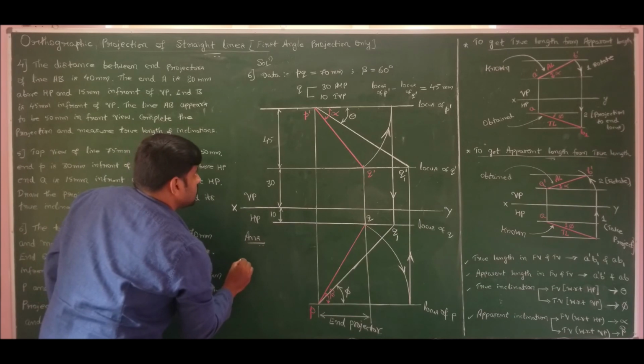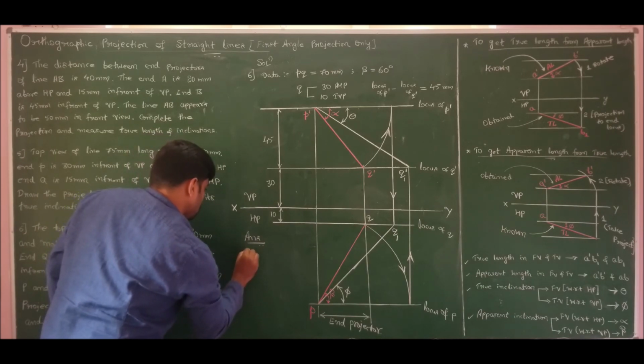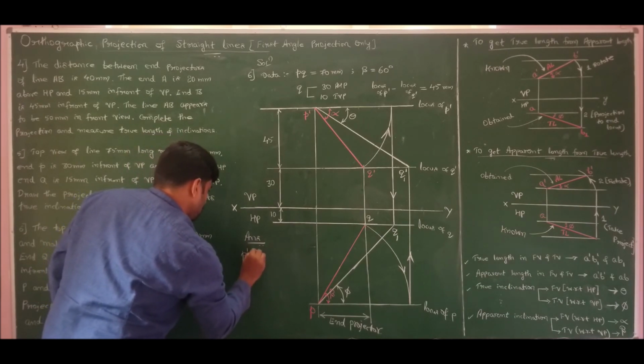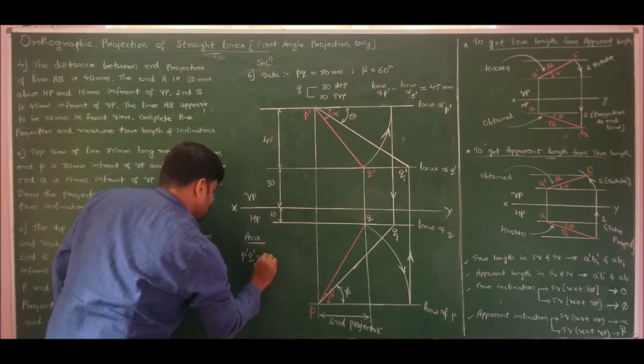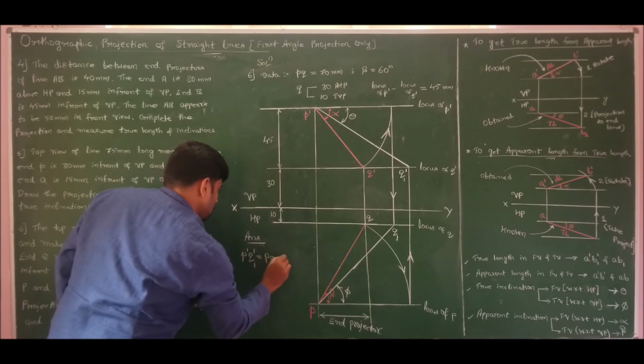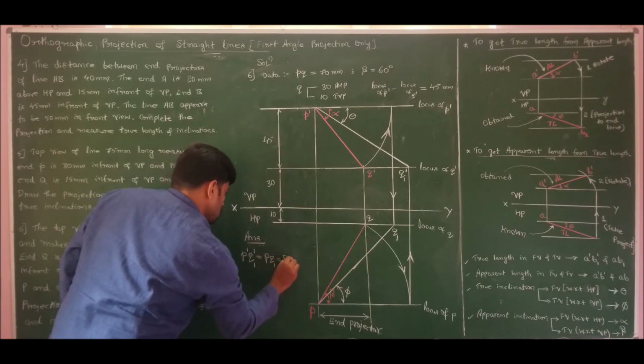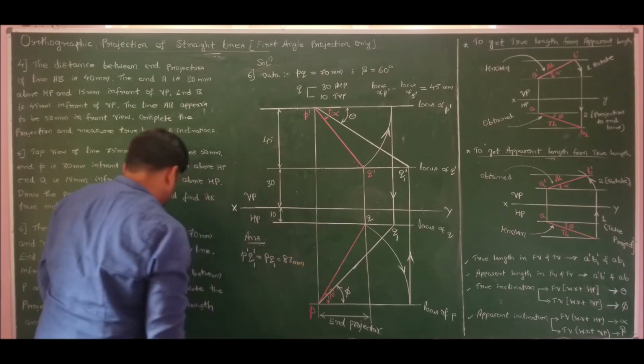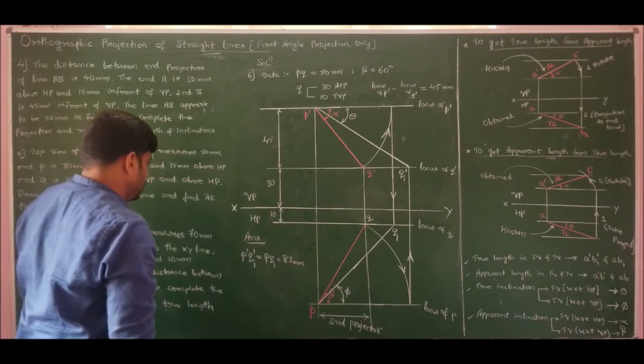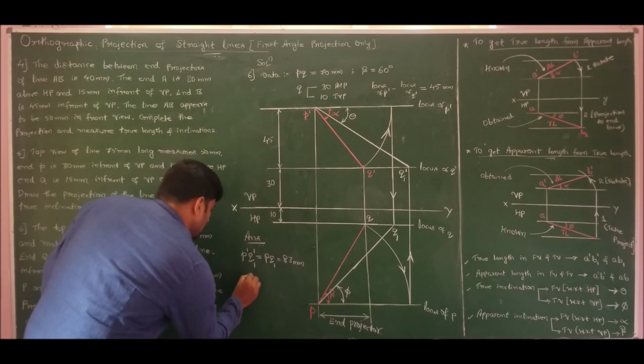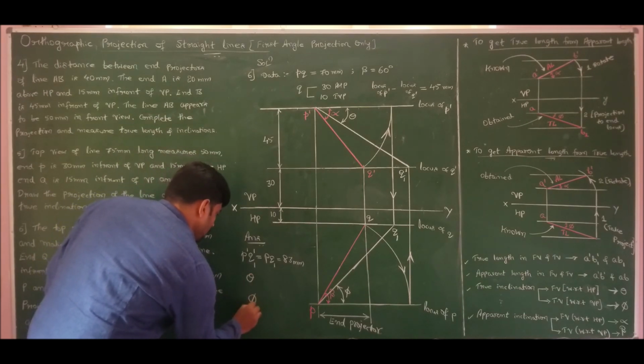So true length is P dash Q1 dash, which is equal to PQ1, which is measuring 83 mm. True length and true inclinations. True inclinations are theta and phi.